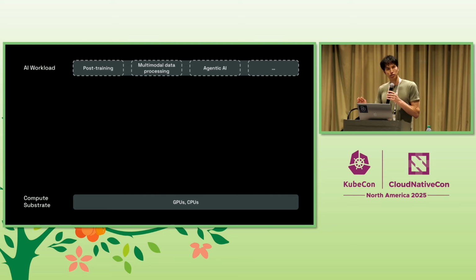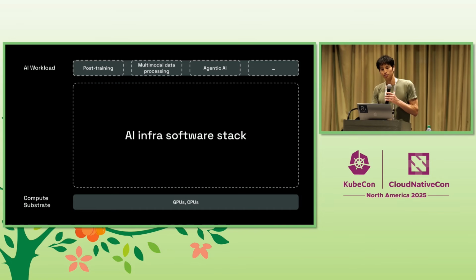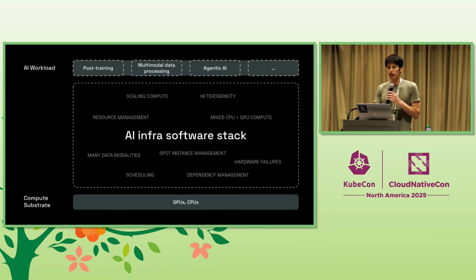And because of the growing complexity both at the top and on the bottom, you see there's an emerging need for a software stack that connects the applications to the hardware, right? And that software stack has to solve a bunch of problems. Problems like scale, reliability, heterogeneity, all of these different types of things.